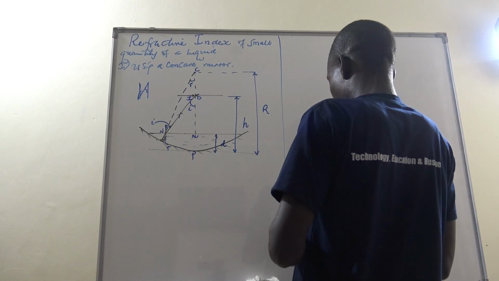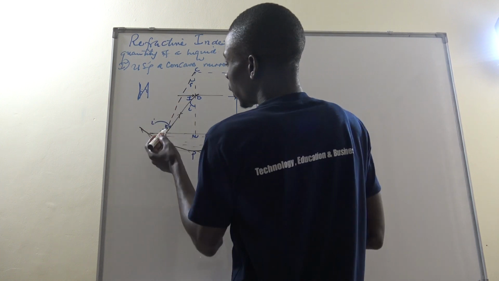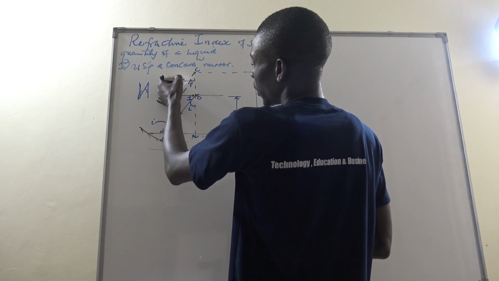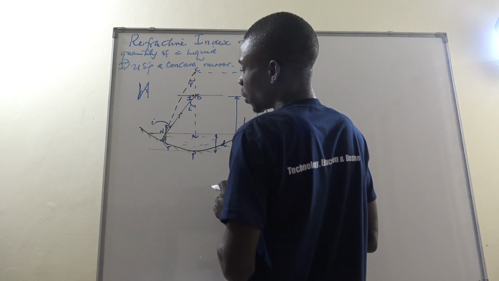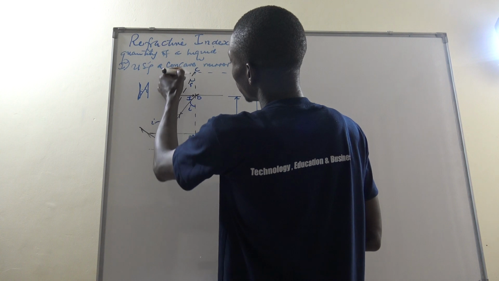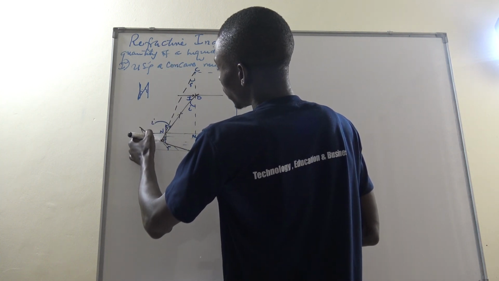If this is R, the angle of refraction, the same angle is up here. They are corresponding angles, like I've been saying, that this is a straight line up here.